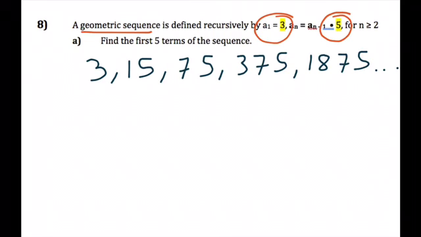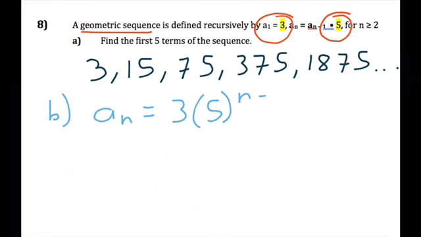Your sequence should have been 3, 15, 75, 375, and 1875. Your explicit formula is a sub n equals 3 parenthesis 5 to the power of n subtract 1.